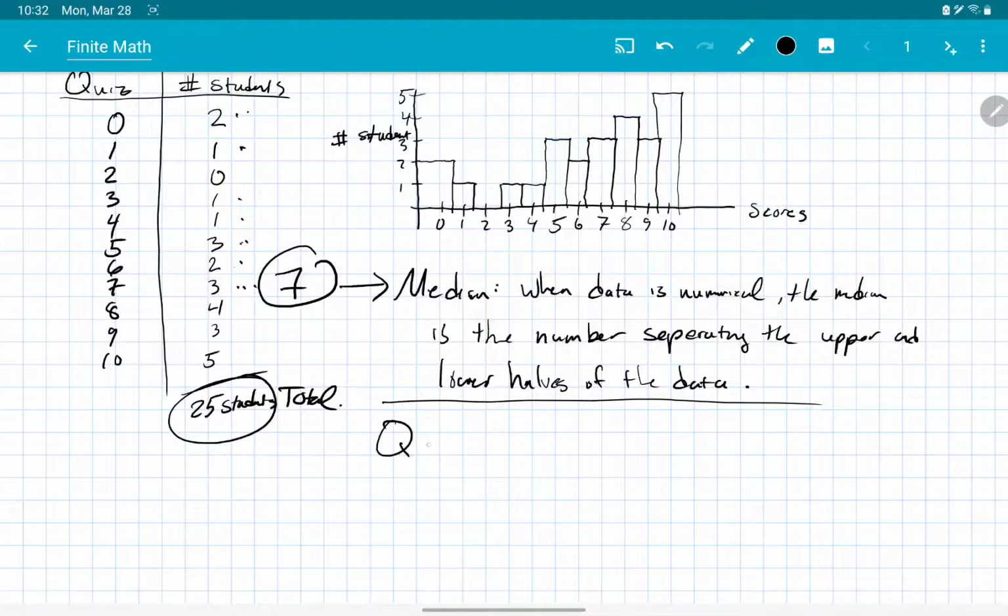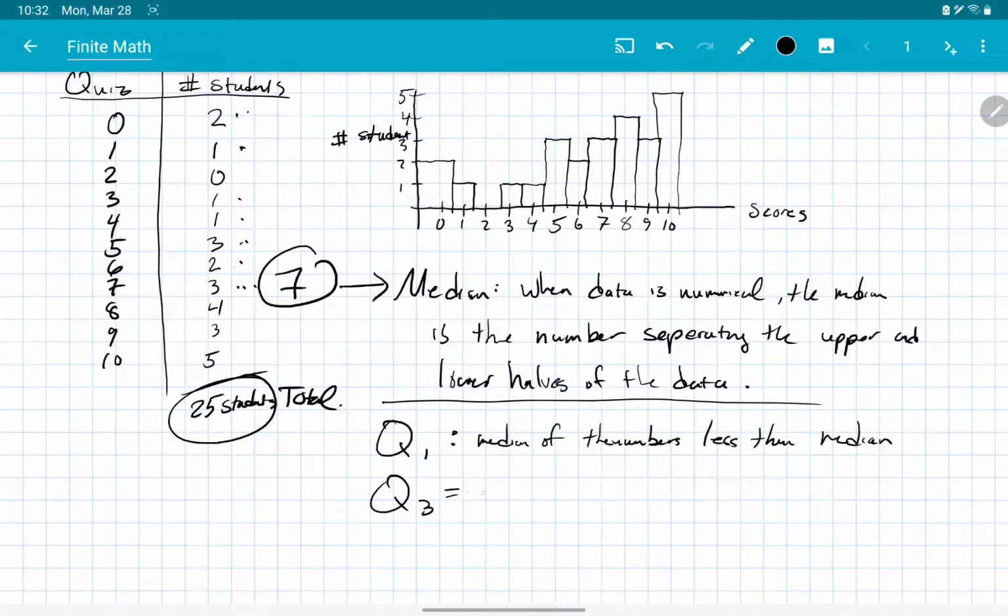So Q1 is going to be the first quartile, and it is the median of the numbers less than the median. And quartile 3 is going to be the median of the numbers larger than the median.